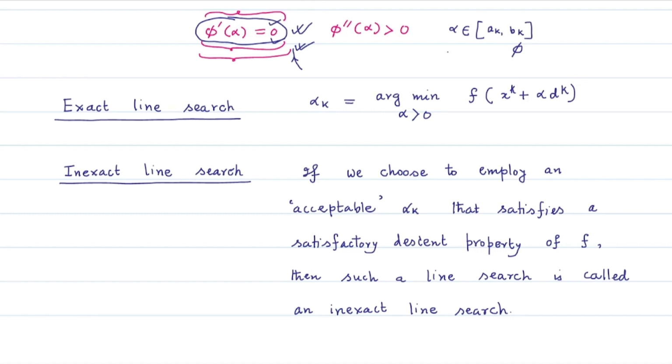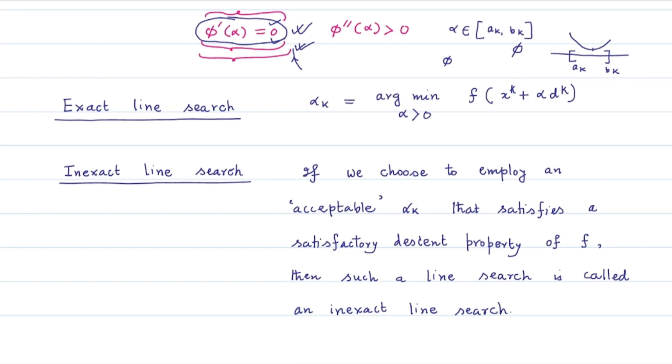An interval for the value of alpha that includes a minimizer of the function phi is called an interval of uncertainty. The term uncertainty is due to the fact that in the interval ak to bk, we are uncertain where the function phi is having a local minimum.